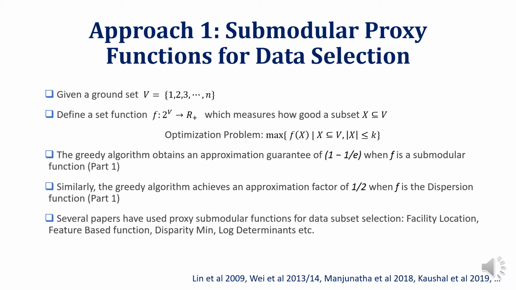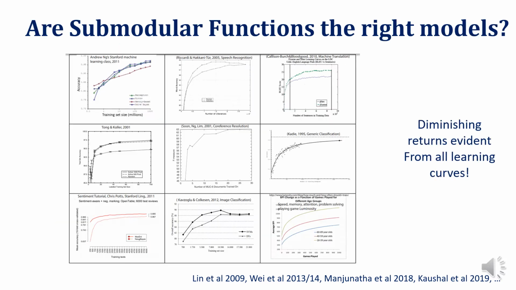Now several papers have used proxy submodular functions, specifically facility location, which is submodular, feature based functions like weighted set cover functions, which are submodular, and then of course you can have dispersion functions, and log determinant, which is also submodular. Now, are they the right models? Well, interestingly, experiments have shown diminishing returns, and these are across a whole bunch of papers, and we find the same trend, diminishing returns.